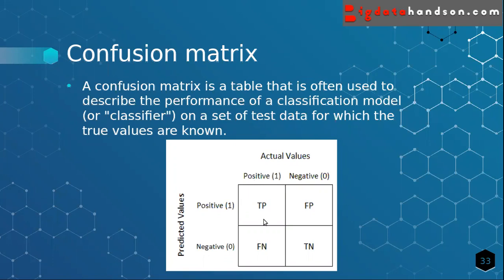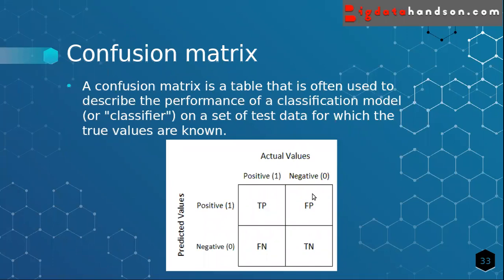So this block is a correctly predicted one. And let's take the last block, TN, true negative. That means the actual class is 0 and the predicted is also class 0, which is also a correct prediction. So true positive and true negative are correct predictions.